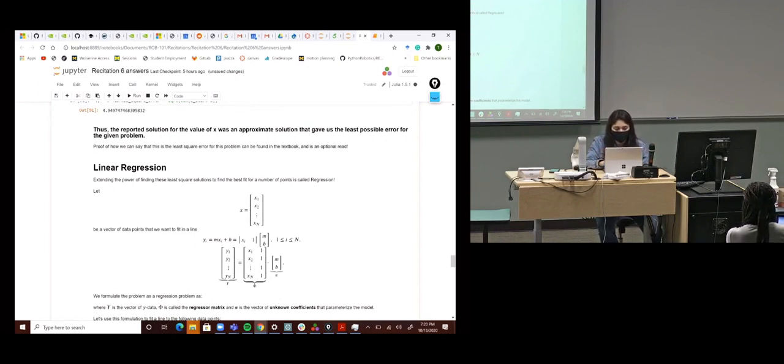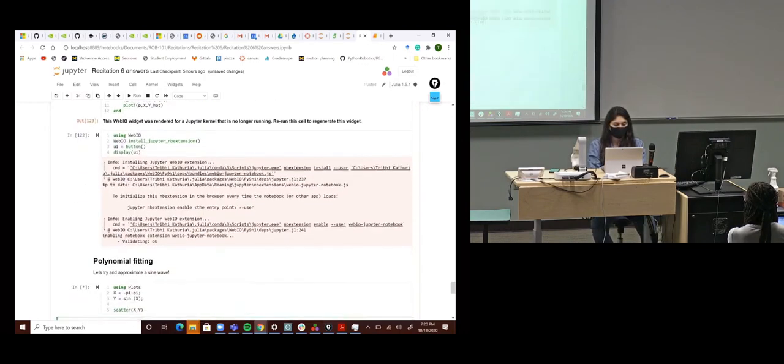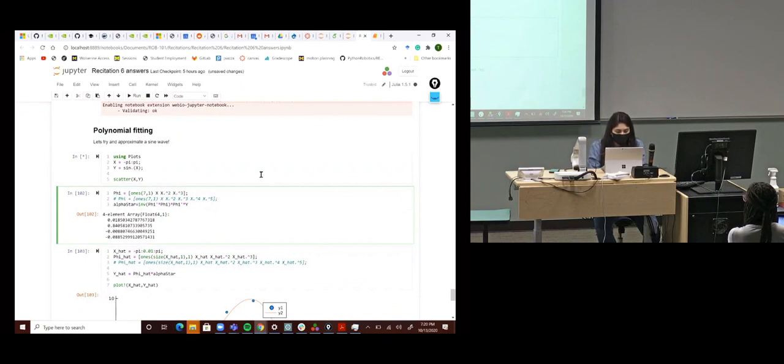It'll be like 1, x1, x1 squared, x1 cubed, and so on. We can see the phi matrix if you like. And from there, you get the alpha star from the same code.